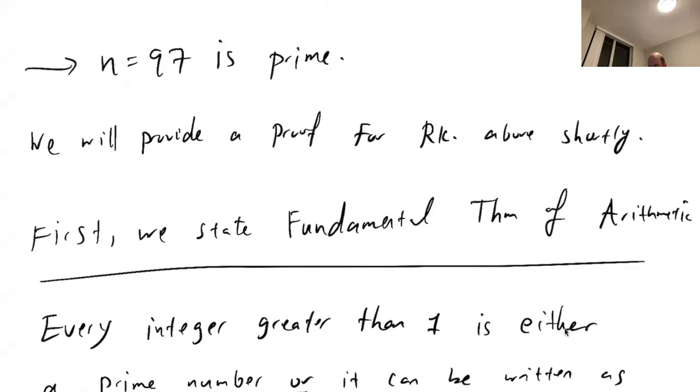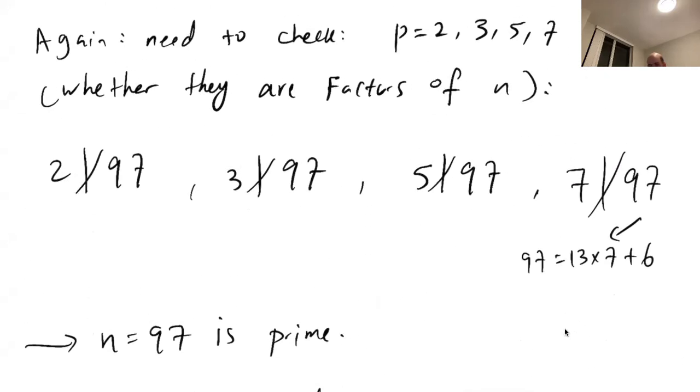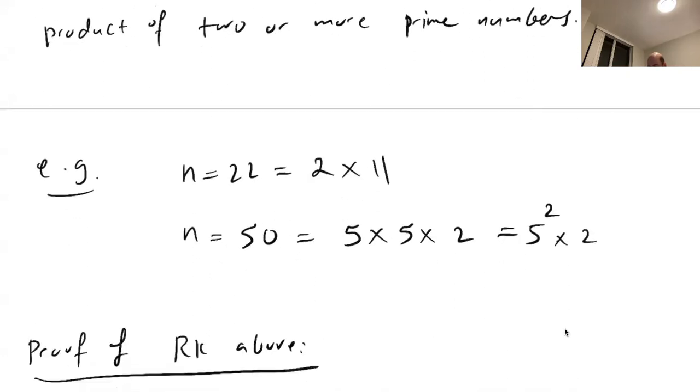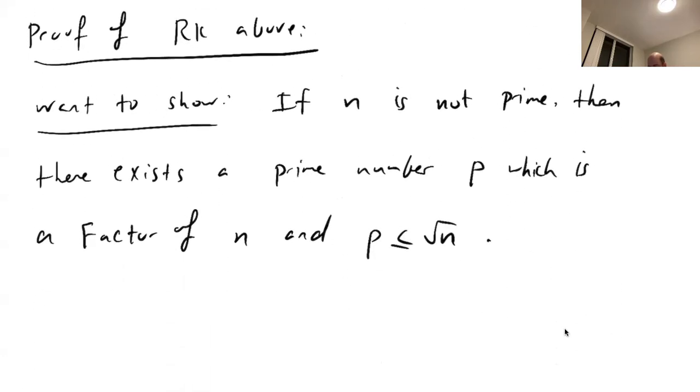For example, here we saw that for 97, among the primes that are less than root n, none of them are a factor of n, and then we concluded n is prime. So we can state it that way, that if n is not prime, then at least one prime number P less than root n must be a factor of n. In other words, if there is no prime number P less than root n which is a factor of n, then that number must be prime.